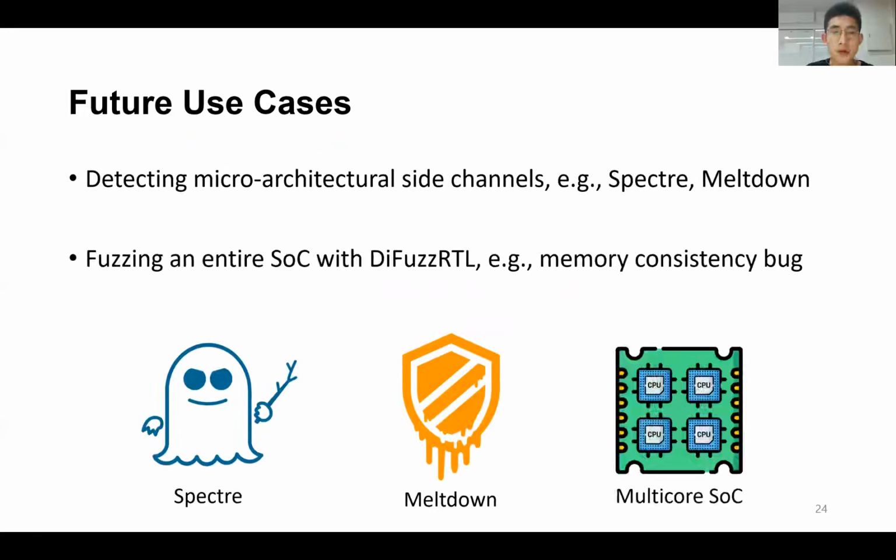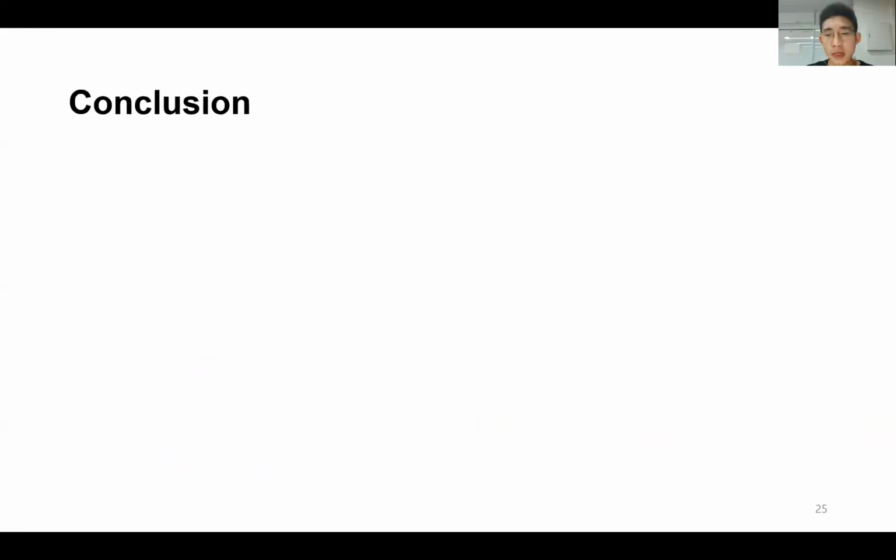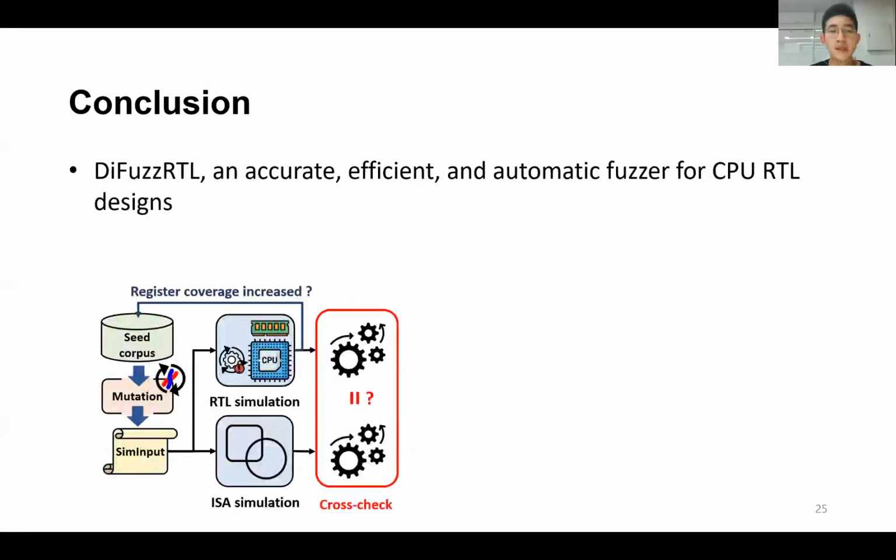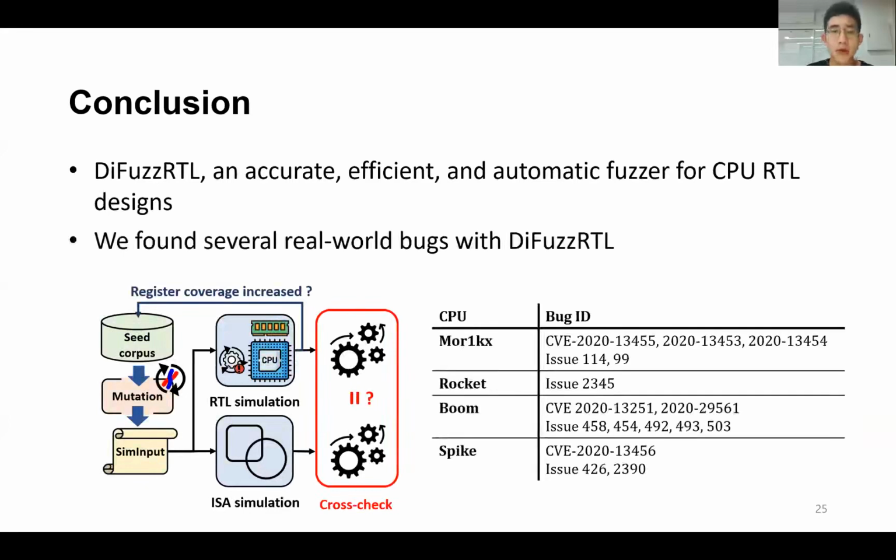And also, the DIFUZZRTL framework can be used to fuzz the entire SoC, finding bugs such as memory consistency bugs. To conclude my presentation, DIFUZZRTL is an accurate, efficient, and automatic fuzzer for CPU RTL designs, and we found several real-world bugs with DIFUZZRTL.